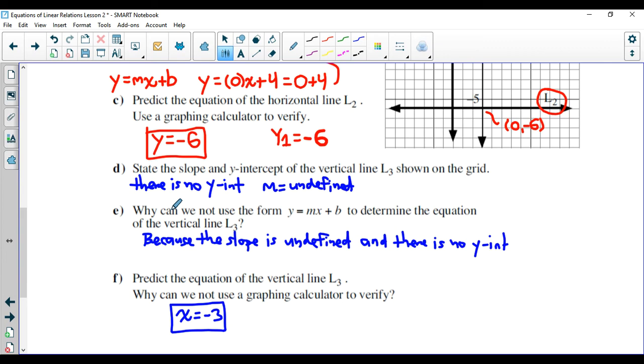Well, here's the problem. The graphing calculator is not set up to plot equations where you have x is equal to.